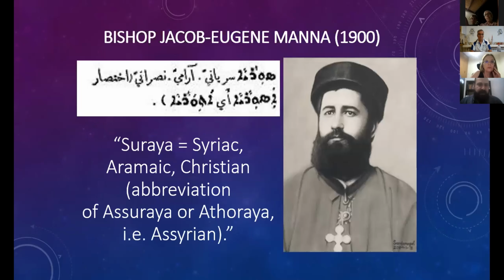And here you can see a dictionary entry from 1900 where the word Suraya is described as meaning Syriac, Aramaic, Christian, and having its origins in the word Asuraya, Assyrian.